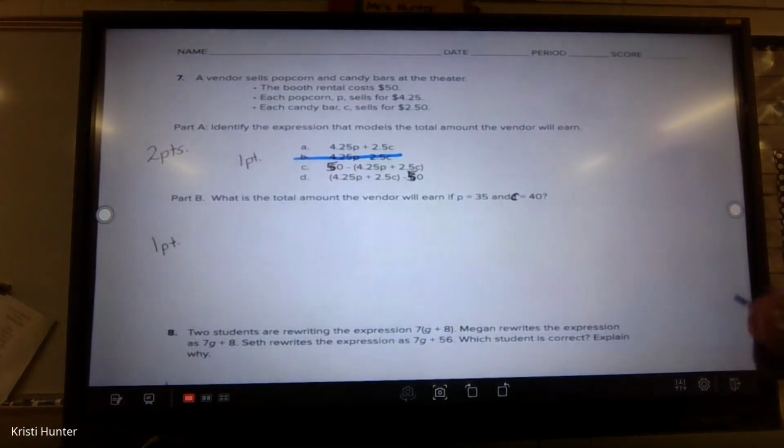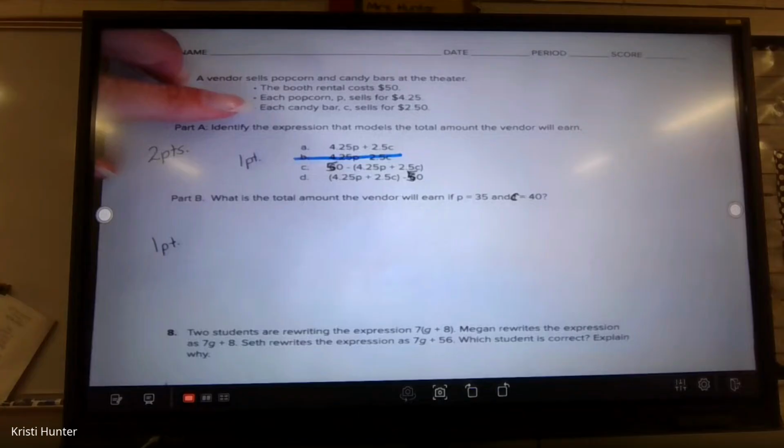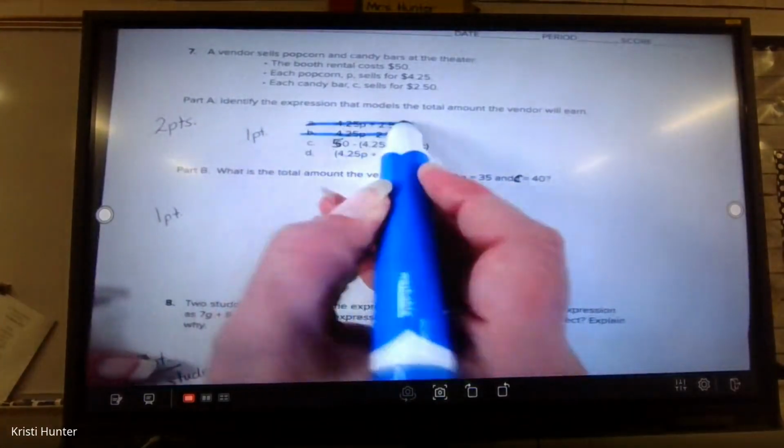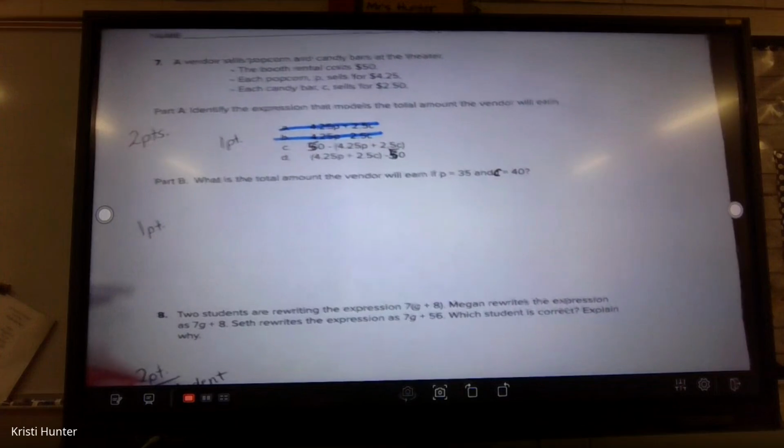So I have to do something with the 50. And here's what this tells me. My profit is my popcorn plus my candy bars. So just like A says, but my booth cost me $50 of my profit, which means A can't be it because it doesn't have me do anything with the $50.